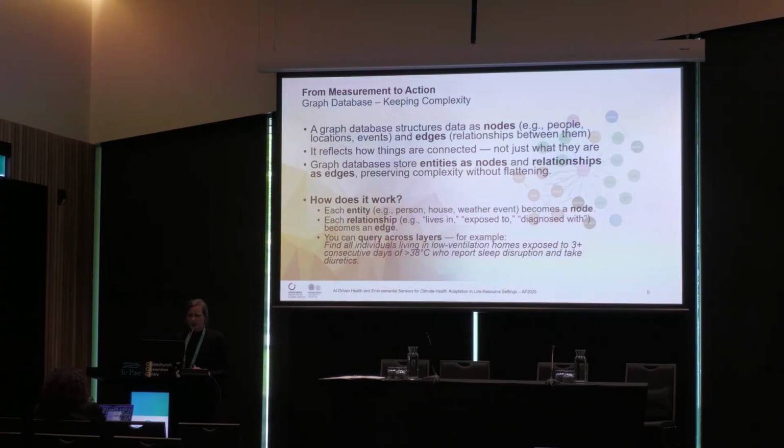So for example, you could ask questions like, find all individuals living in low ventilation homes exposed to 3+ consecutive days of over 38 degrees Celsius, who report sleep disruption and take diuretics. So you can see that by simply building up such a graph database with nodes and edges, you can query very complex questions, and it gives you direct answers.